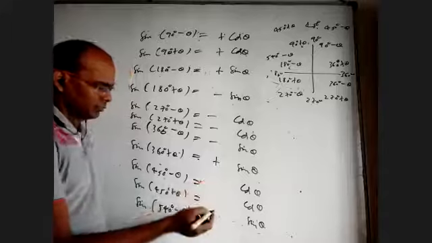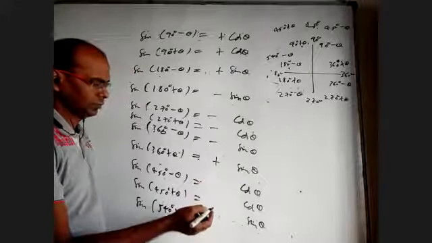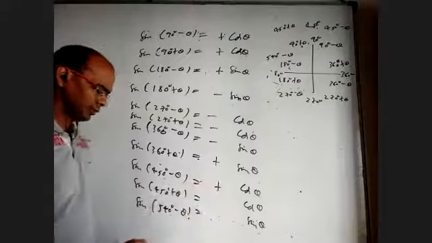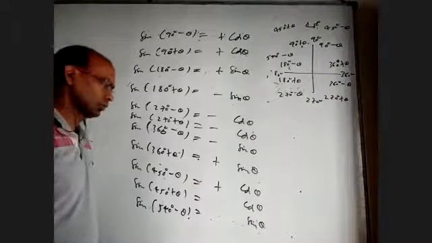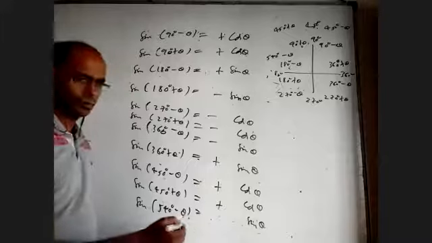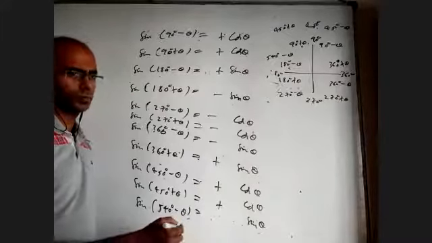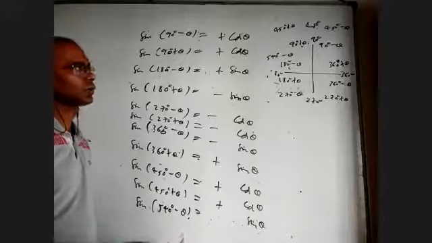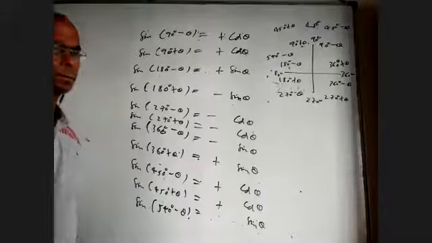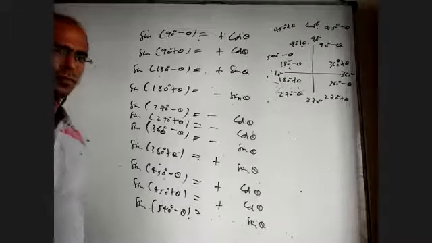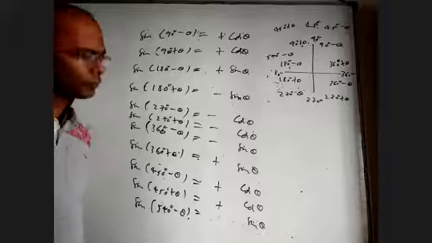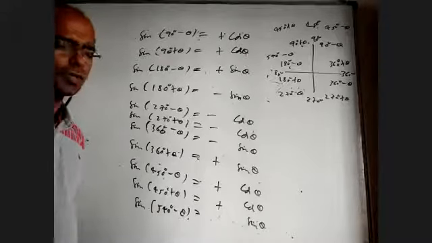450 minus theta, it's in the first quadrant, positive. Second quadrant positive. Okay. 540 minus theta.